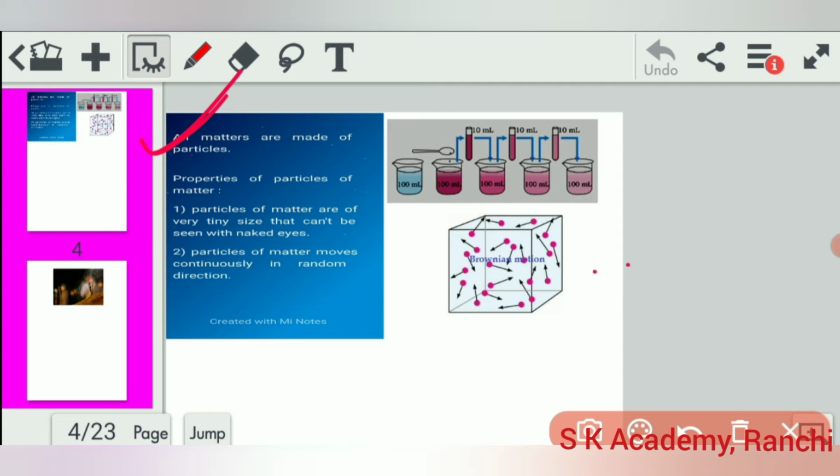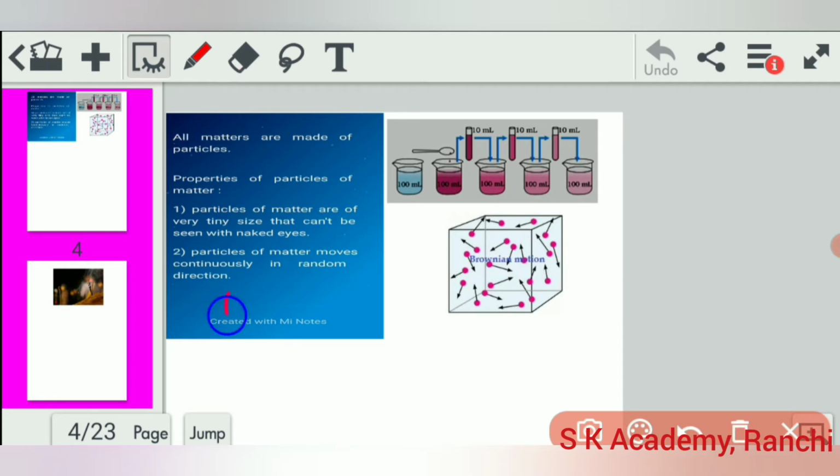All matter that we see, if we keep dividing any matter, suppose you have a chalk that we use for writing on the green board, if you keep dividing that chalk, certainly you will get its smallest particles. So all matter is made up of particles. Then what are the properties of these particles? One by one we will learn different properties of particles.